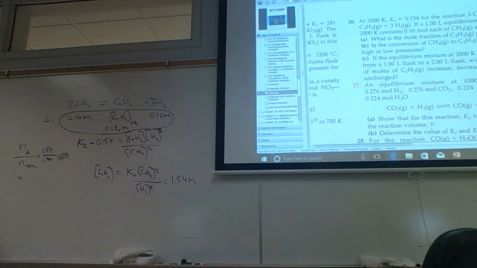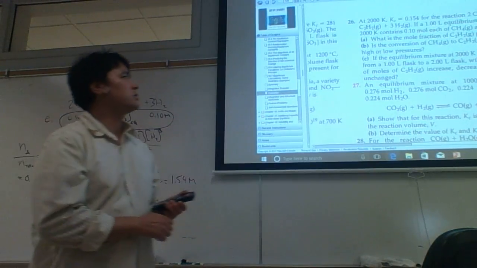But since they just want the fraction, I'm just going to leave it 1.54 divided by 1.74, and that gives me a mole fraction of 0.885. And so the fraction is 0.885 moles of acetylene for every 1 mole of everything total. So that's a mole fraction.